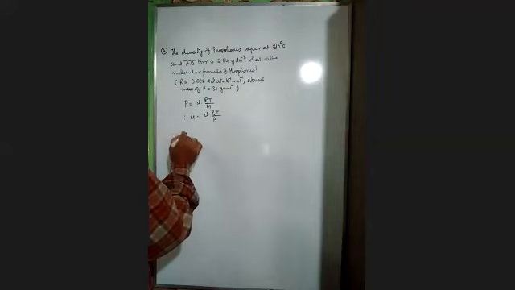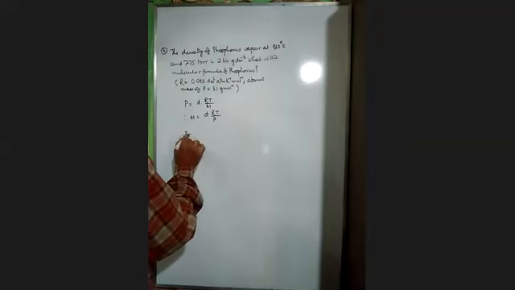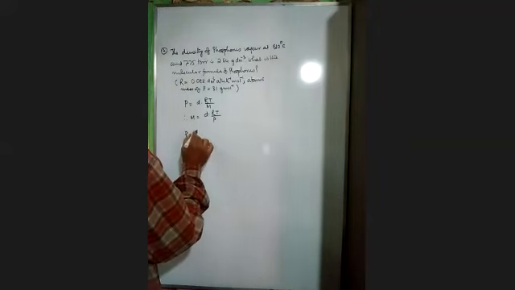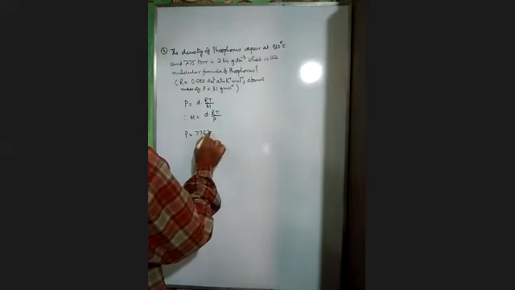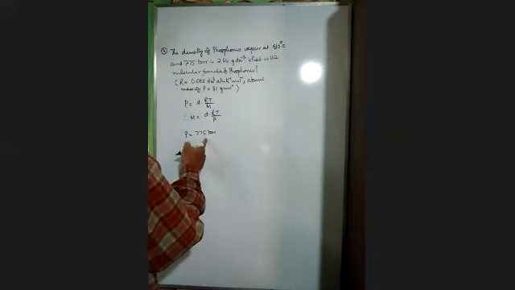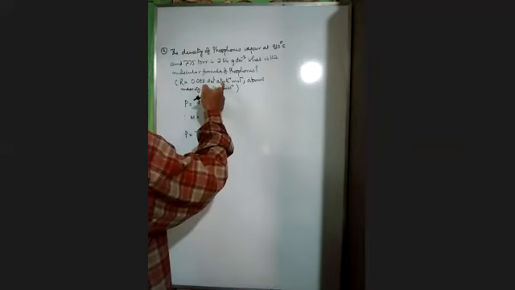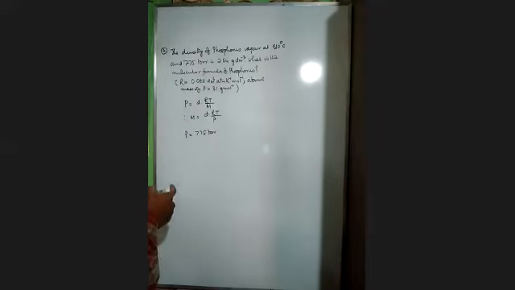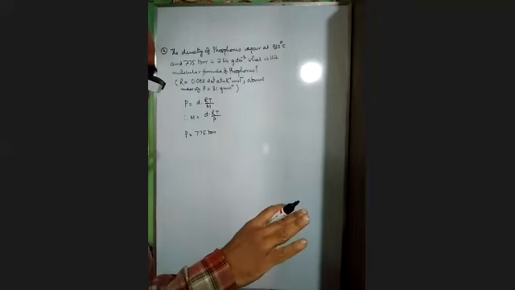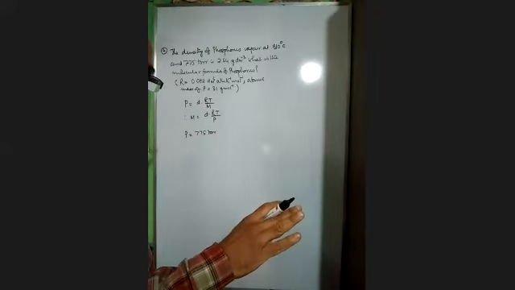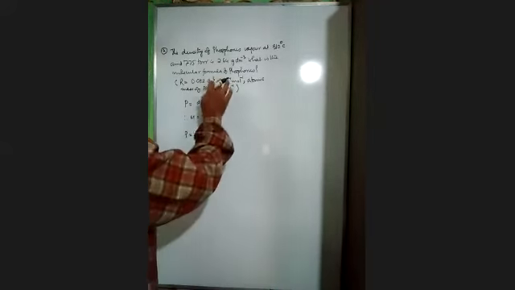I'm only showing you what is P. P is equal to 775 torr. See, why should you convert it? Because what is the value of R given here? Atmosphere. So in a numerical, all the units should be from the same unit. It is there in liter atmosphere. So you have to convert.